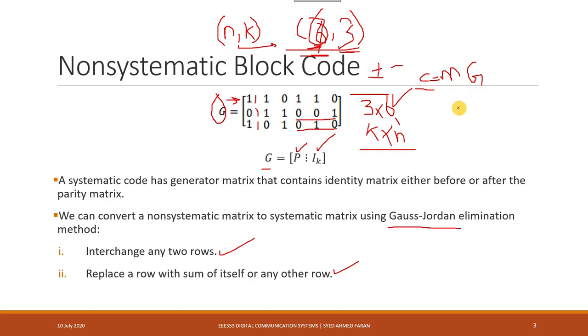An identity matrix would look something like this. Okay, and I can see the 0 1 0 and the 0 0 1, so these two things are already in the matrix.